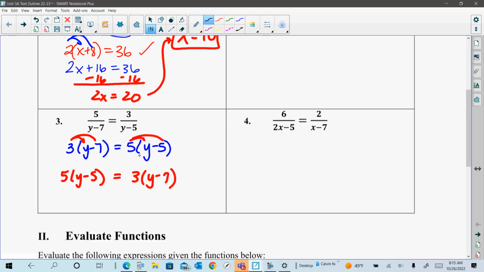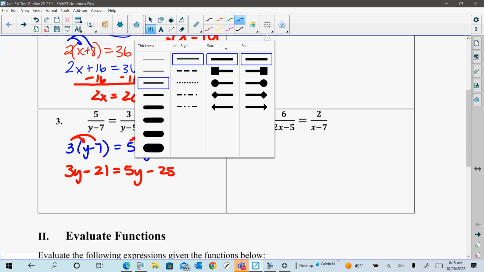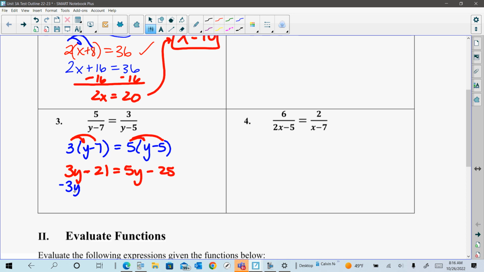When you distribute, you're going to end up with 3y minus 21 equals 5y minus 25. Now you have variables on both sides, so you should be starting with the smallest variable, which is our 3y. When I do the inverse of that by subtracting, I have negative 21 equals 2y minus 25.